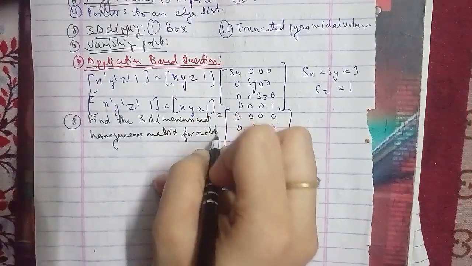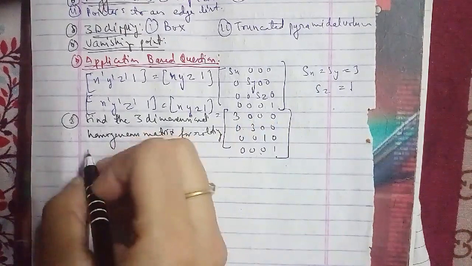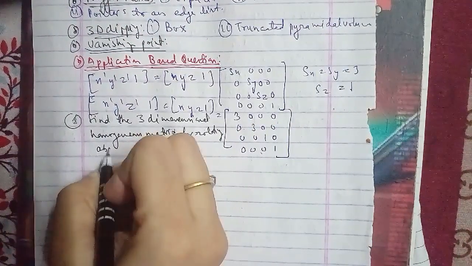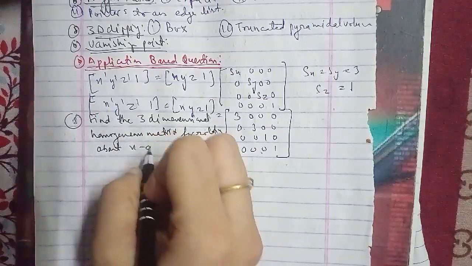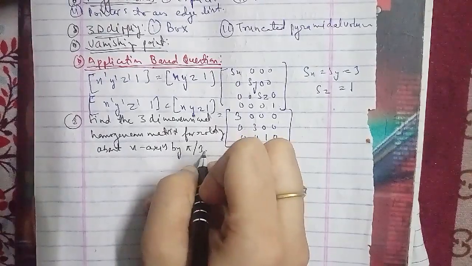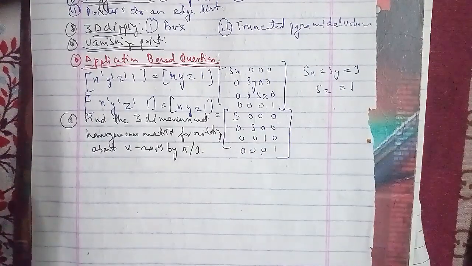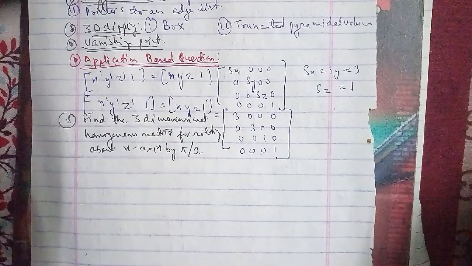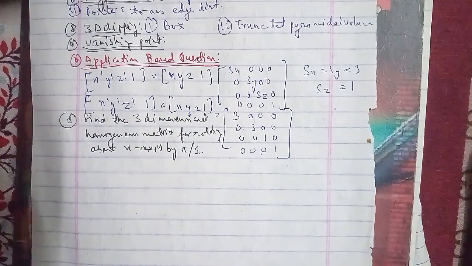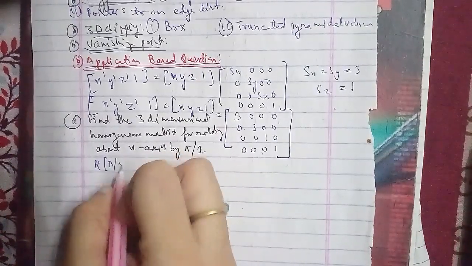For this question we have R(pi by 3) equals the matrix 1 0 0 0, 0 cos theta sin theta 0, 0 minus sin theta cos theta 0, and 0 0 0 1.